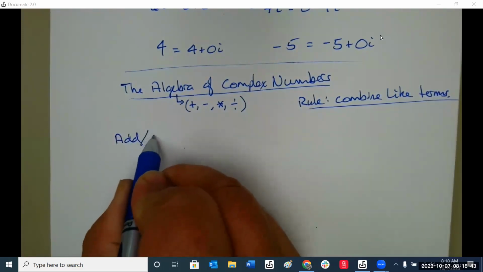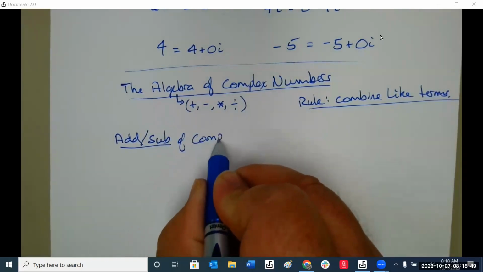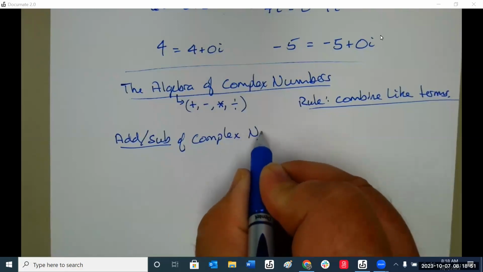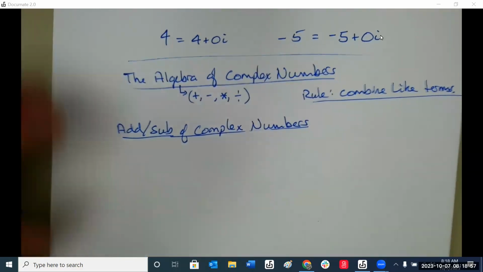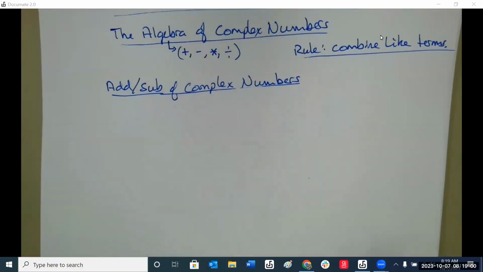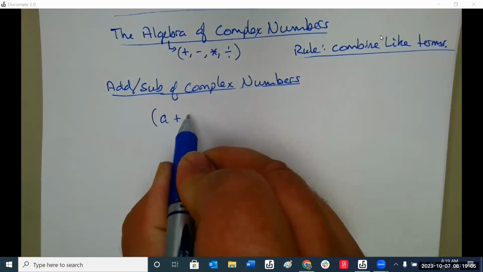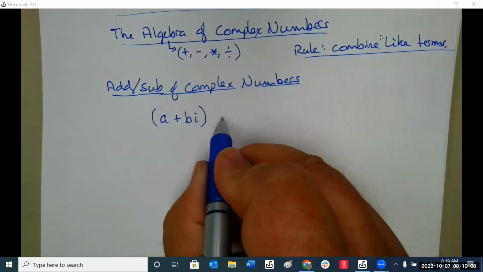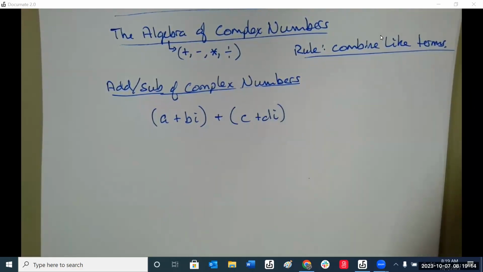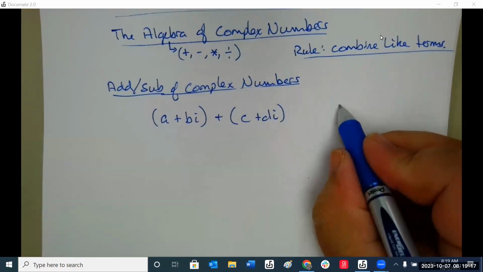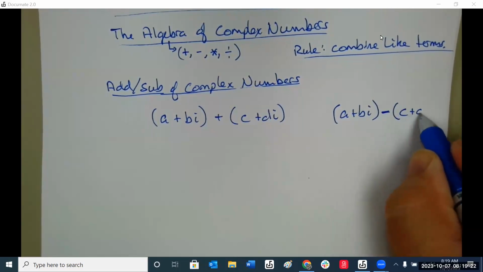So let's look at addition and subtraction of complex numbers. a plus bi plus c plus di, or a plus bi minus c plus di.